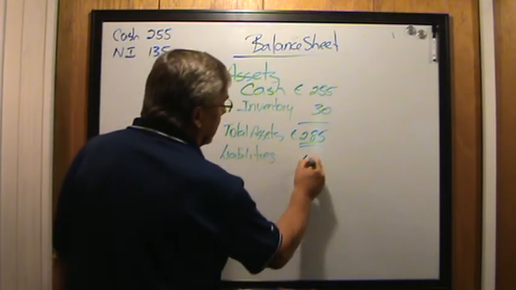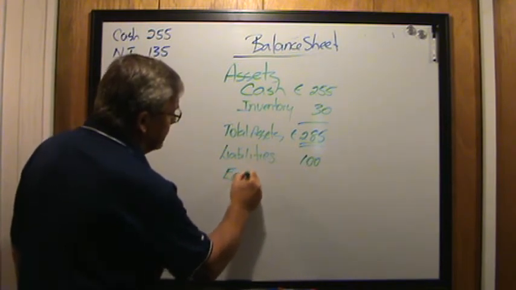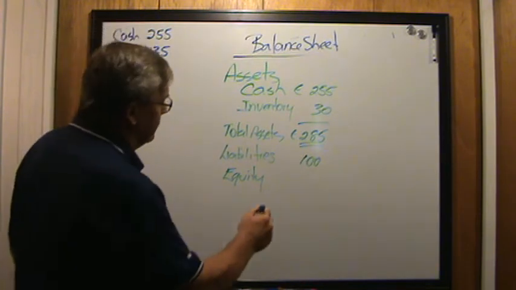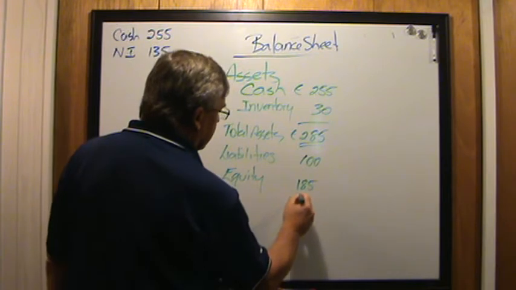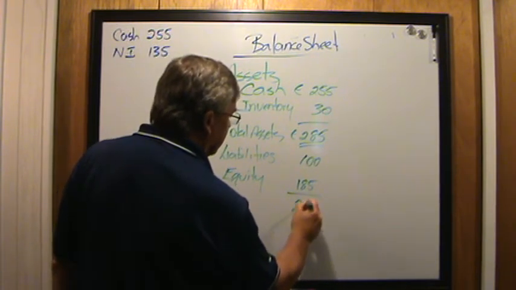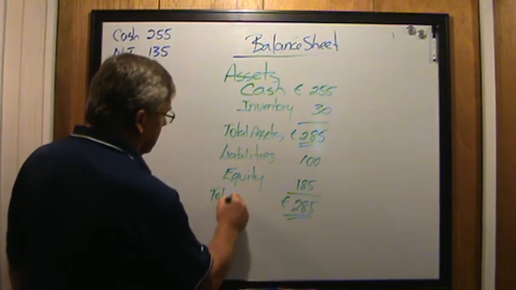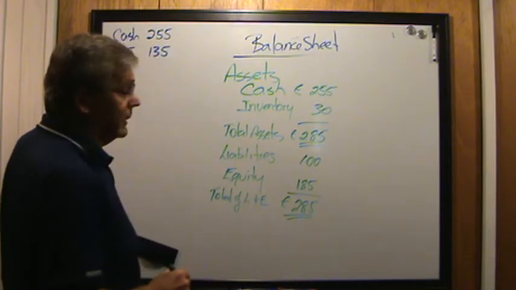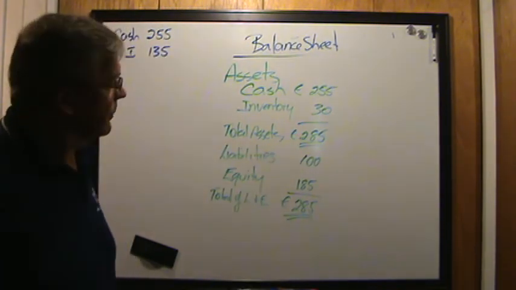So liabilities are 100 euros, and therefore, in order for this to balance, the partnership equity has to be 185 euros, so that we end up with the 285 euros for the total of liabilities plus equity, or the total of claims. Okay? Always has to equal. If not, then we've made some mistake.